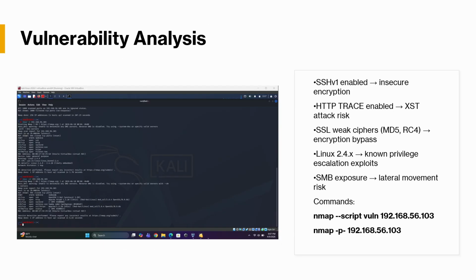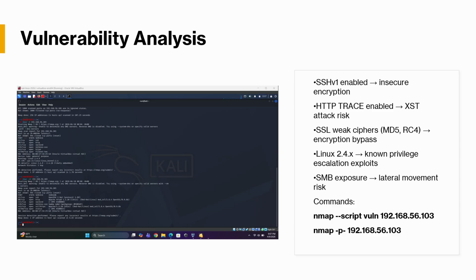During our vulnerability analysis, multiple critical vulnerabilities were identified during enumeration. The use of SSH v1 is particularly dangerous because it allows attackers to intercept or manipulate encrypted sessions due to weak cryptographic design.